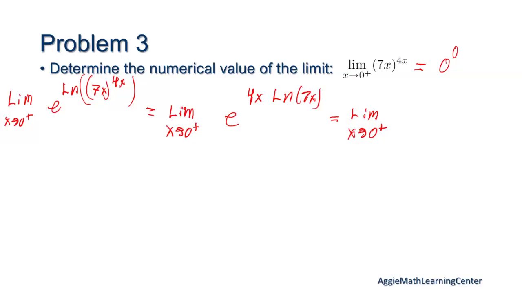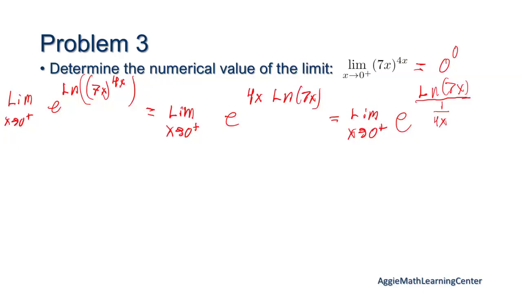But if we're multiplying by 4x, if we divided by 1 over 4x, would that be the same relatively? And that would put it into our quotient because we're dividing one function by another function. Cool. So that would be e to the ln of 7x divided by 1 over 4x.